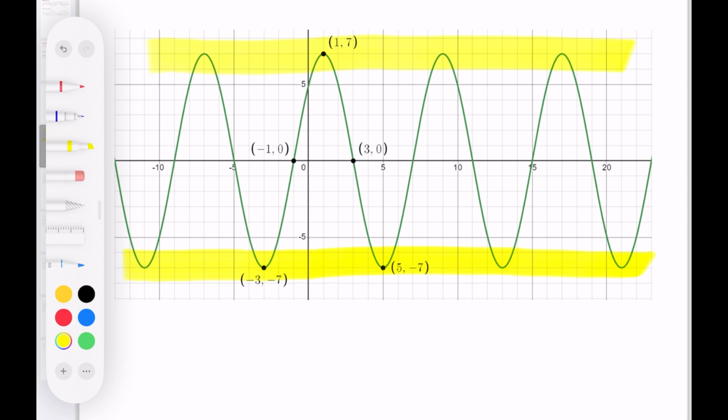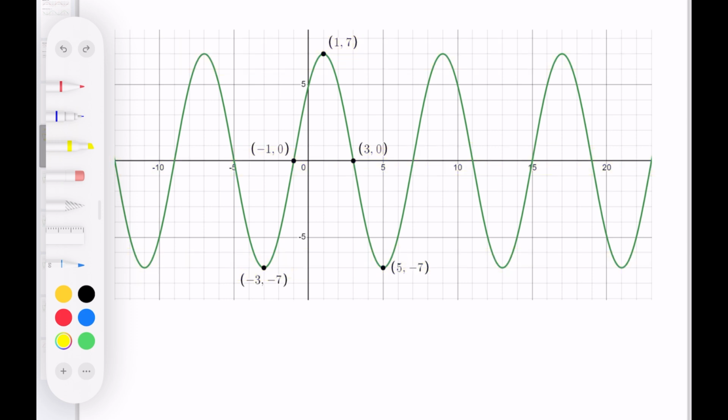For this graph, the amplitude is 7. How did we define the amplitude? Amplitude is defined as the distance to the peak from the center line. Also, the amplitude can be defined as half of the height of the sinusoidal curve.